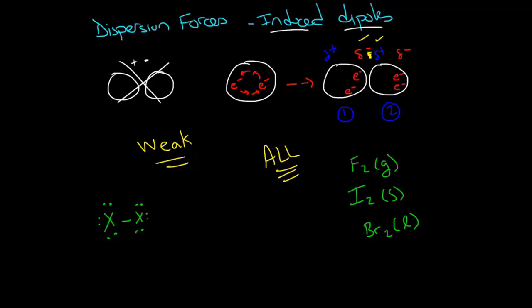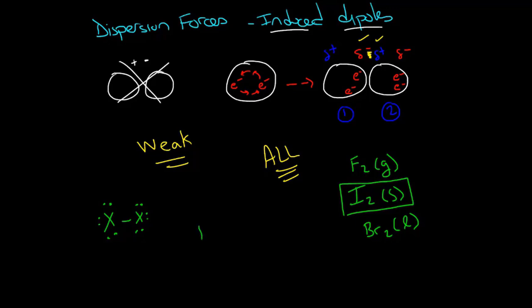That boils down to the strength of the London dispersion force. Without going into a ton of detail, suffice to say that the larger the molecule is, the stronger the dispersion force. Iodine is larger than bromine or fluorine. The stronger the intermolecular force, the more likely it is for a compound to be present as a solid.